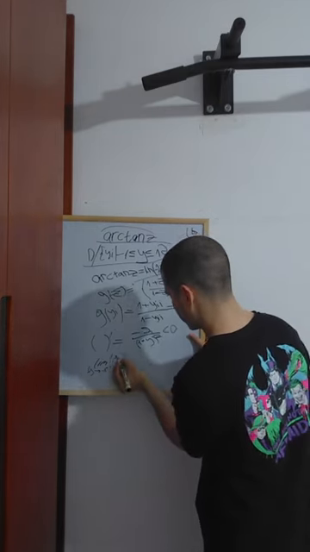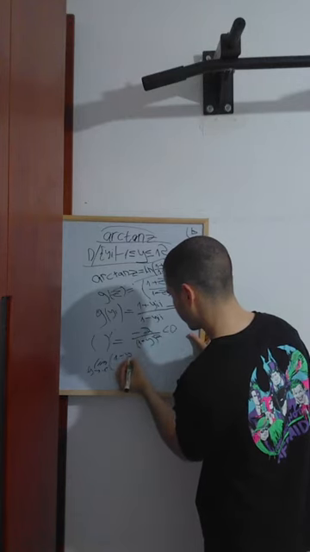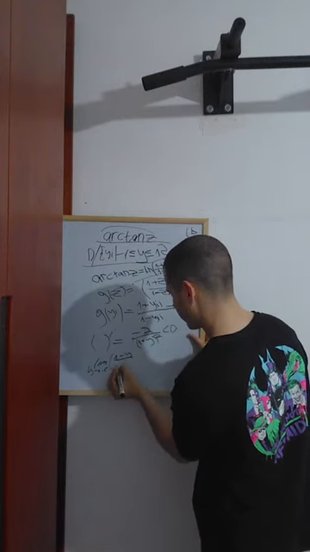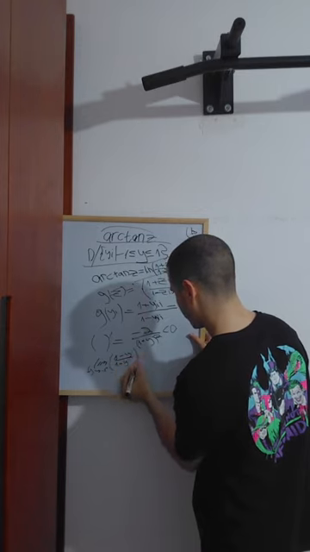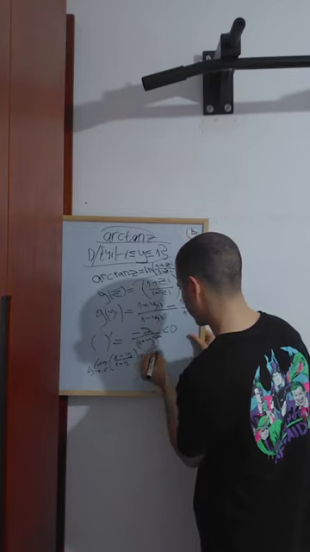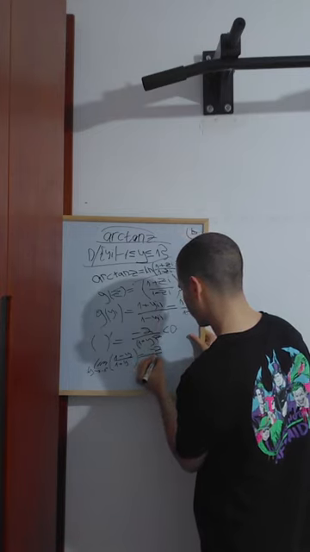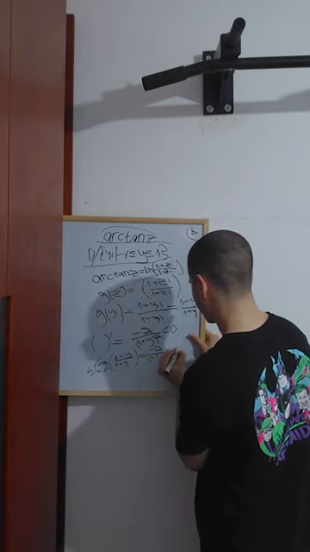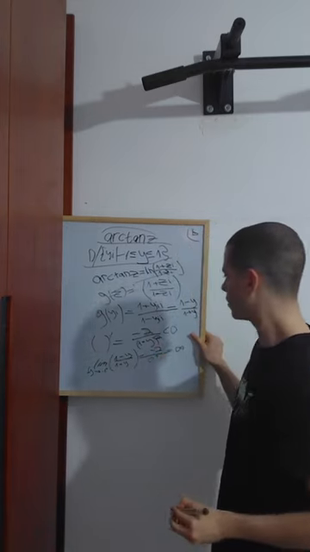So let's try this first. And we get minus 2 divided by 0 plus, which gives us infinity.